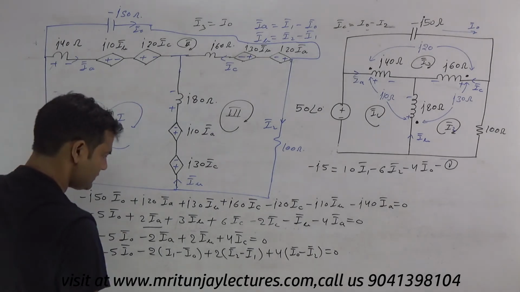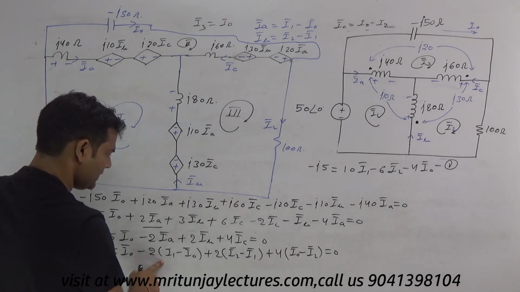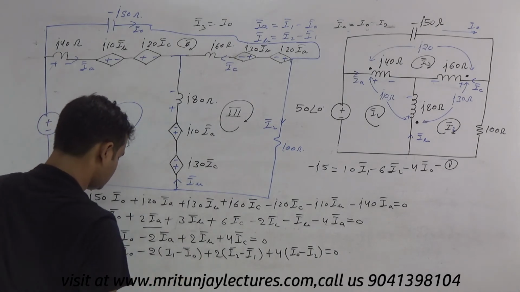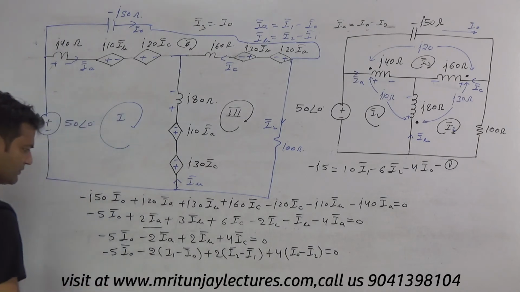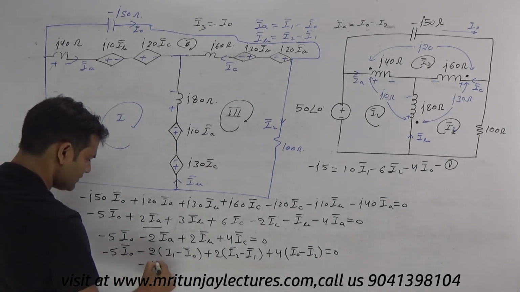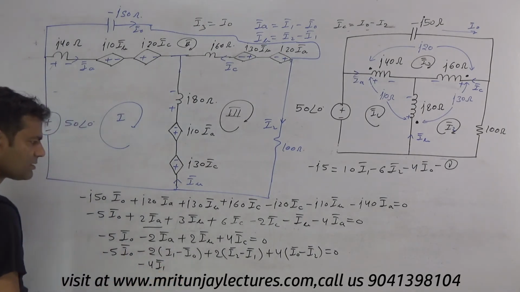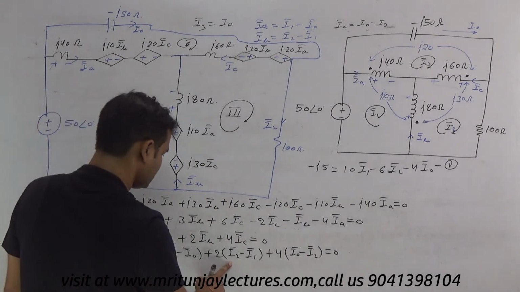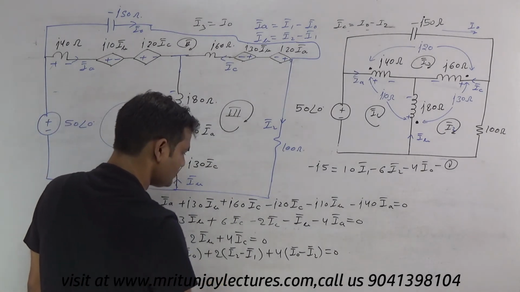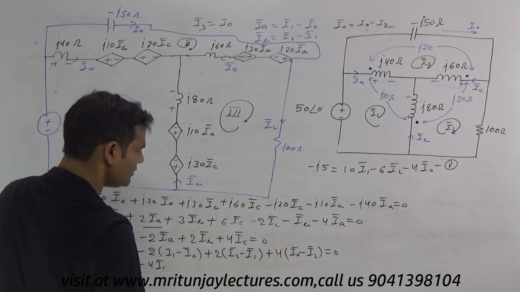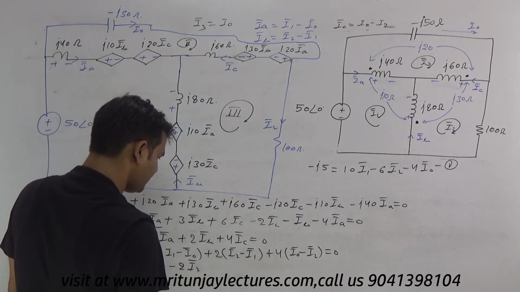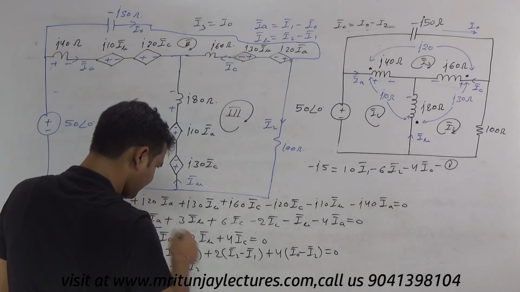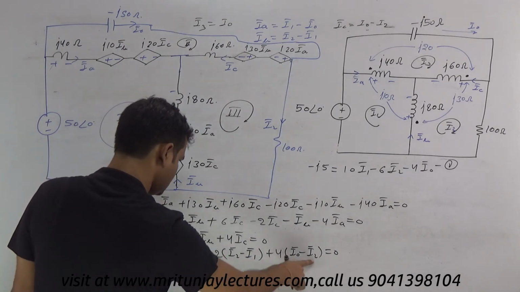Now minus 2 and minus 2, that is minus 4 I1, and plus 2 I2 minus 2 I2. Okay, 2 minus 4.